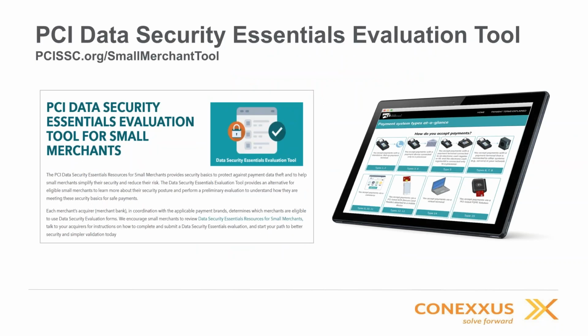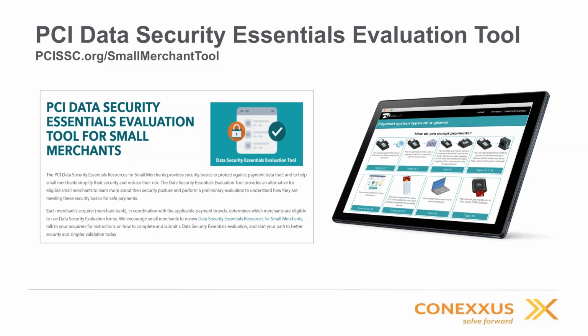Okay, so a bit more on the DSE tool for short. So this is merchant information only. It's not something that they can submit to PCI. This is not something that we take in. Basically answering a few quick questions and then acknowledging that they will need to talk to either their acquirer or oil brand for completion and submission instructions.